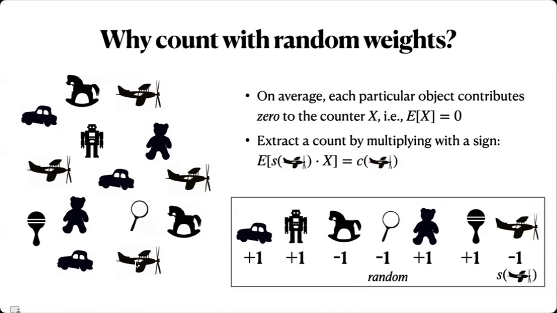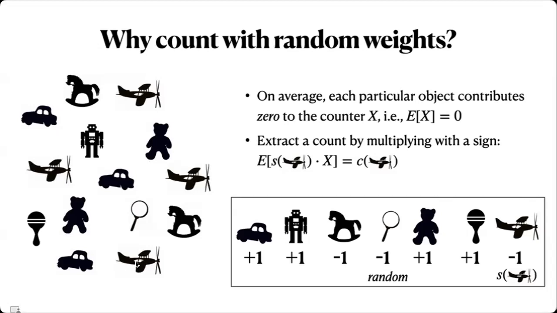This is easy to verify, simply because whether the sign is -1 or +1, if you multiply it with itself, you get 1, and the expectations for everything else are unaffected, assuming that these things are independent. Okay, so that's very nice.